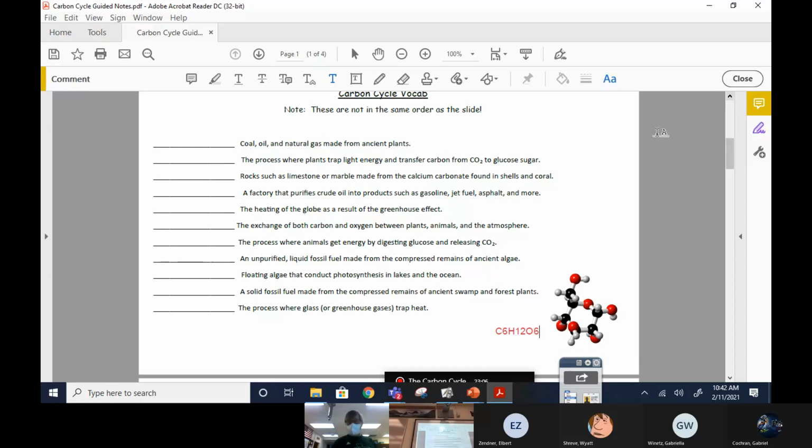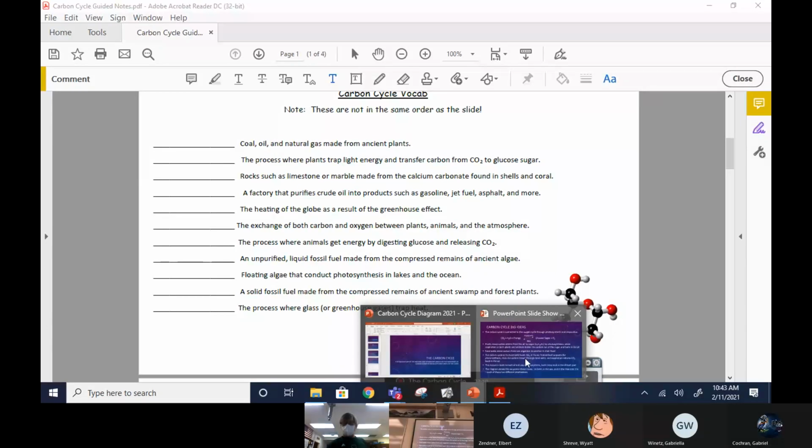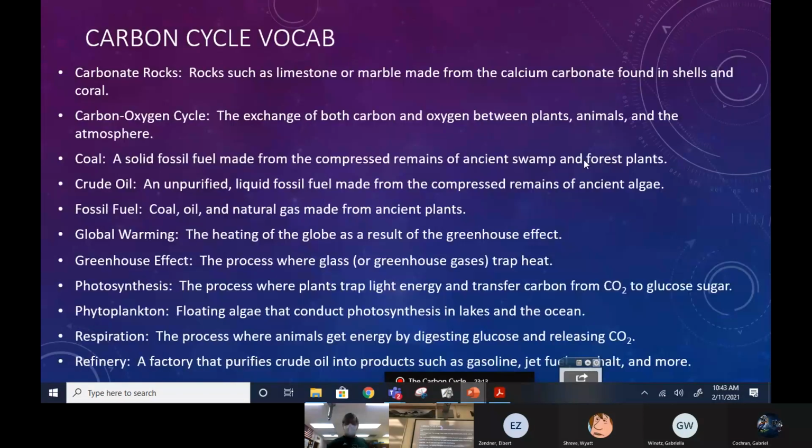So they're not in order though, so be careful, make sure you get the right one. Okay? So match these definitions to the ones on your paper. They're in scrambled order. Take about 5 minutes to do that and then we'll move on.